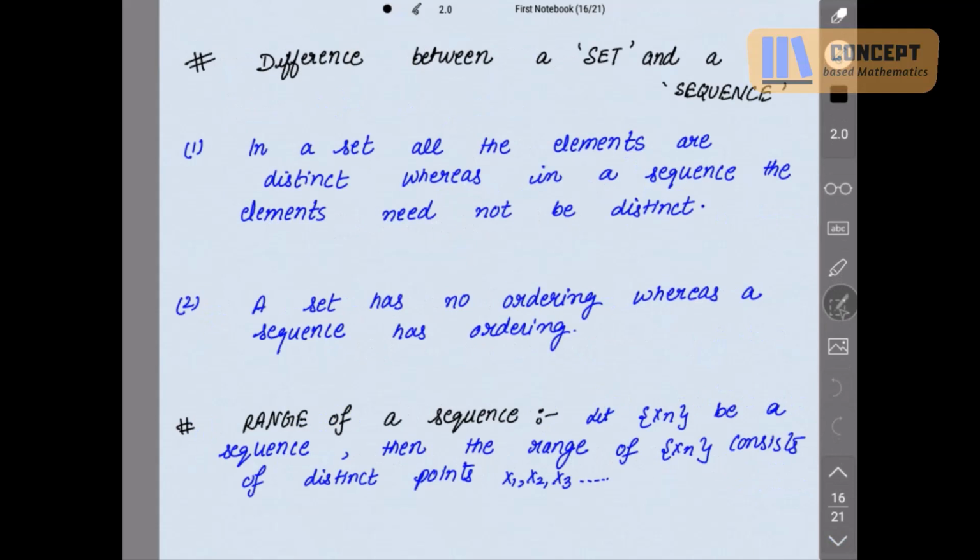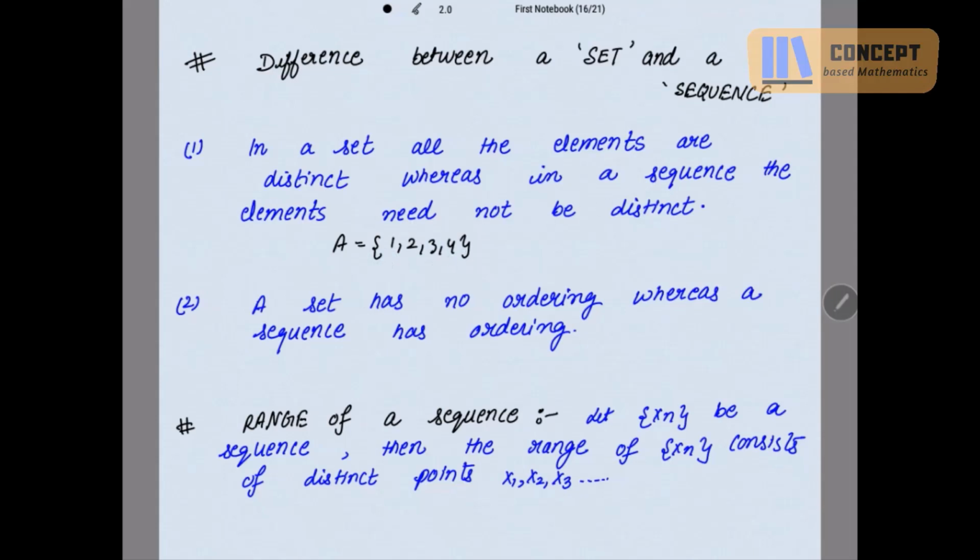Now, what is the difference between a set and a sequence? We have all done sets in class 9th. So let's see. In a set, all the elements are distinct. Suppose A is your set of natural numbers from 1 to 4. Here, all the elements should be distinct.